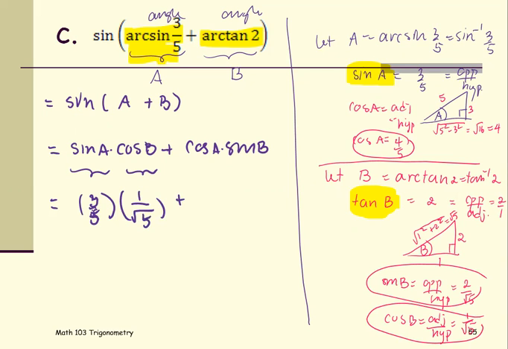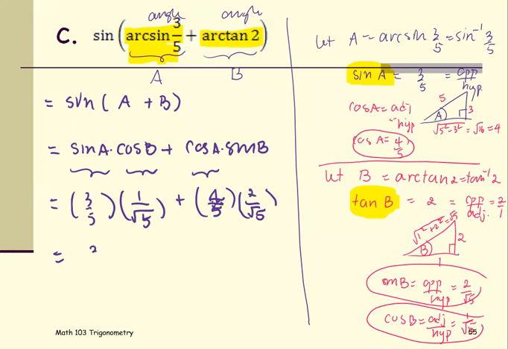And then the next term, the cosine A, is 4 over 5, and the sine B is 2 over square root 5. After that, we just simplify the numbers.